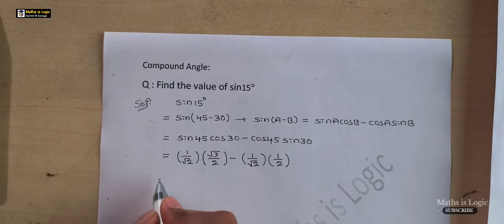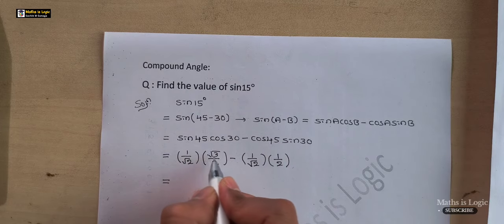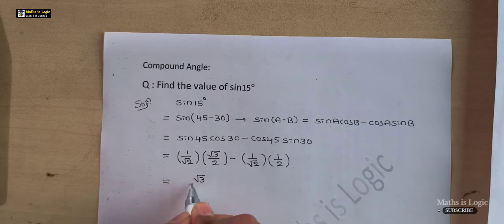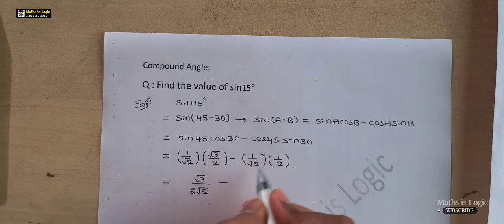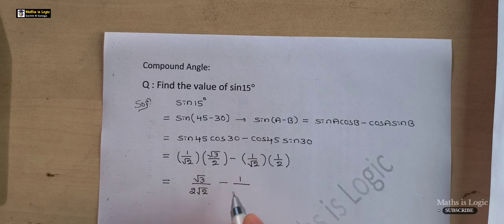After substituting the values, simplify. 1 into root 3 is root 3 divided by 2 into root 2, 2 root 2. Next, middle minus sign, 1 into 1 is 1 divided by 2 into root 2 is 2 root 2.